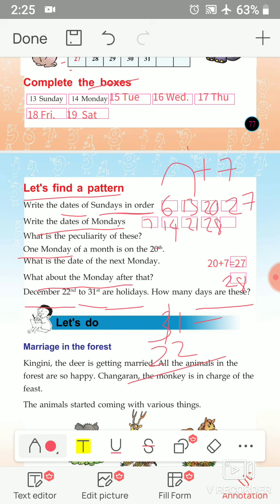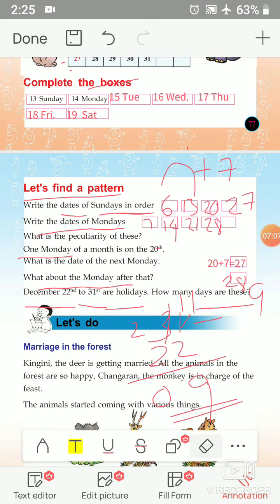Borrow 1 from 3. That is, 3 becomes 2 and 1 becomes 11. Then 11 minus 2. 11 minus 2 is? Count forward: after 2, 3, 4, 5, 6, 7, 8, 9, 10, 11. That is 9. Then 2 minus 2 is 0. That is how many days there are: 9 days. Then write here 9. Clear?